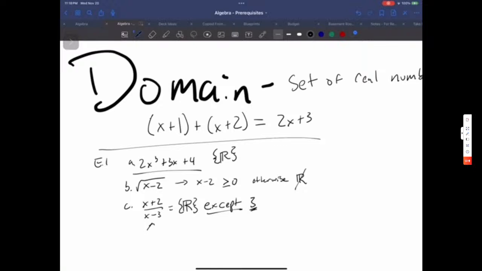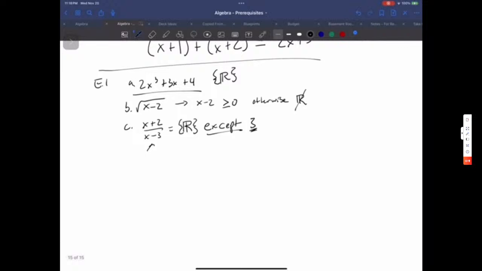Moreover, the quotient of two polynomials, such as 1 over x, so let's define it.